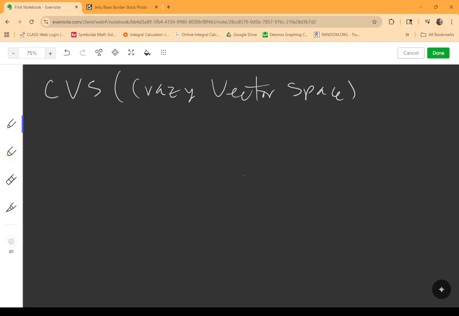Okay, so we propose that the set C is the set of ordered pairs (x1, x2), such that again, x1, x2 are real numbers. And then C is a subset of the Euclidean R2 space.